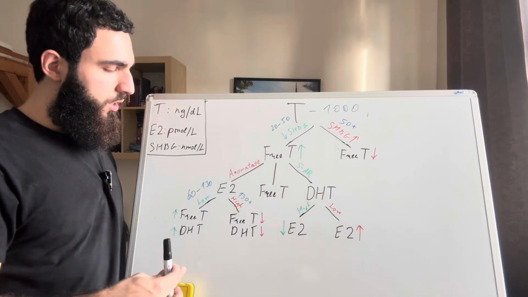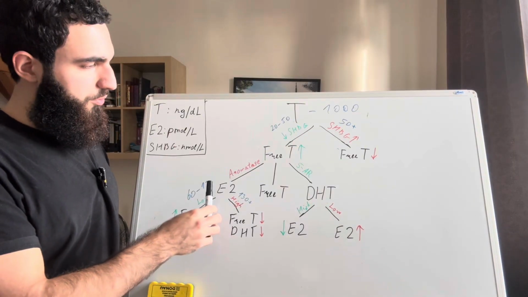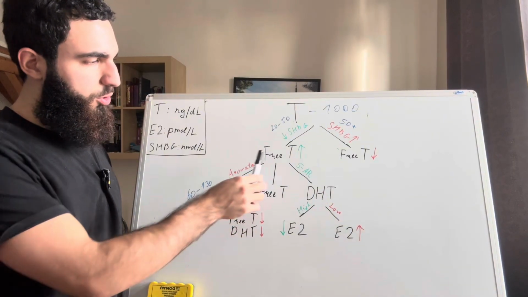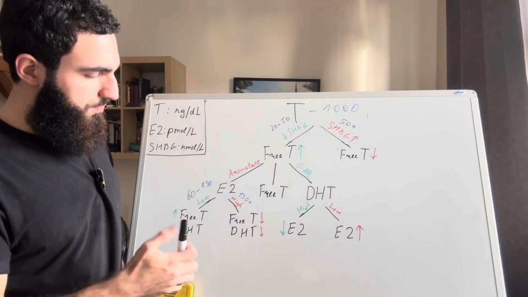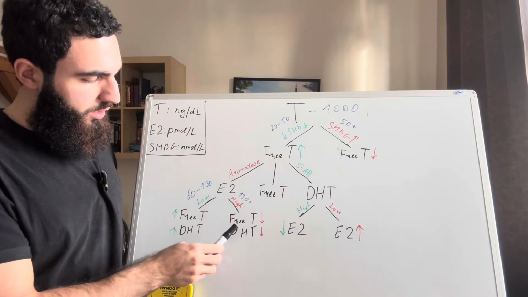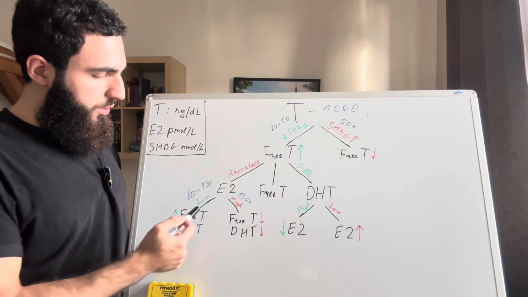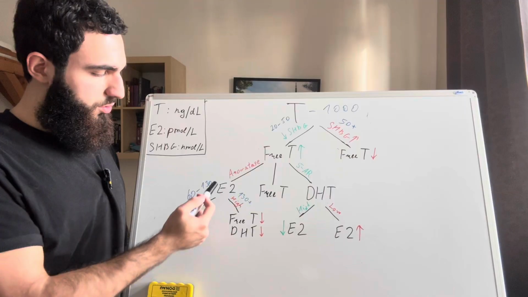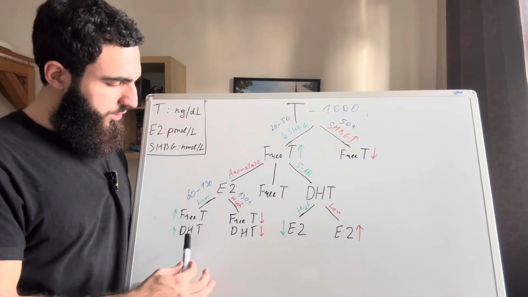So what happens here? Logically, if more free testosterone converts to E2, that means if your E2 is high, you'll have less free testosterone and less DHT. And if you have less conversion, so less E2, you'll have more free testosterone and more DHT.